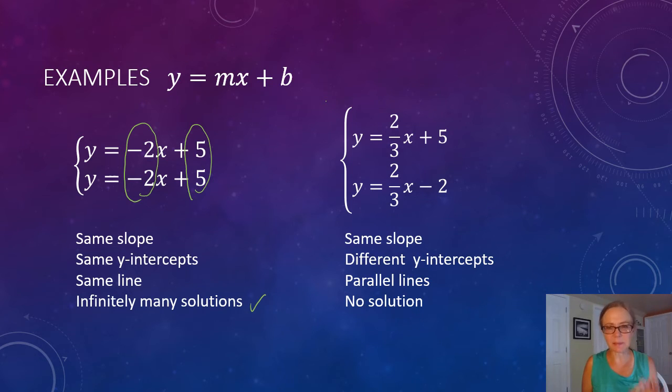That's a dependent, consistent system. In the second example, we can see immediately that the slopes are the same and that the y-intercepts are different. So if they have the same slope but different y-intercepts, they're parallel lines and there's no solution. This is an inconsistent system.